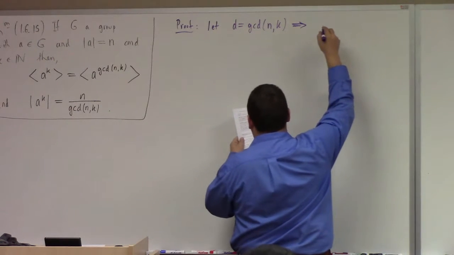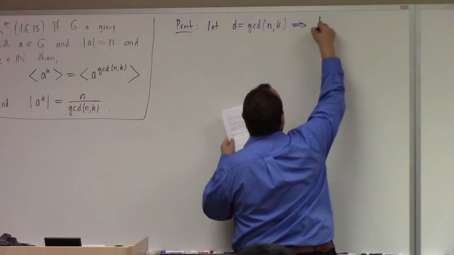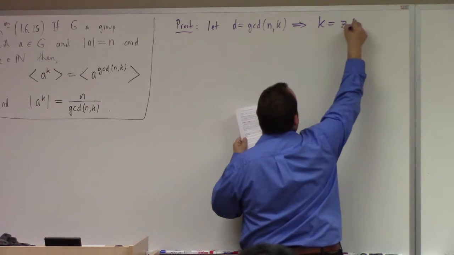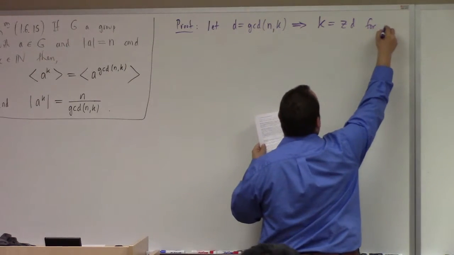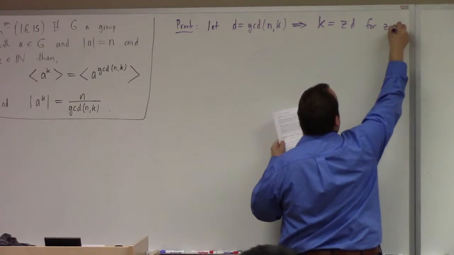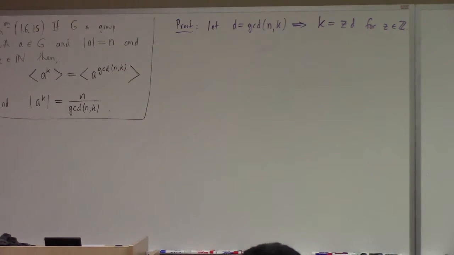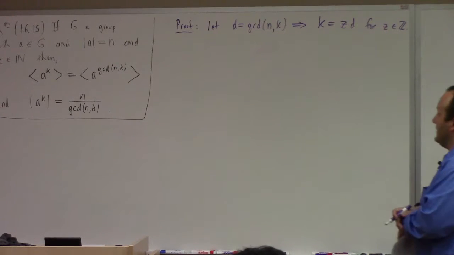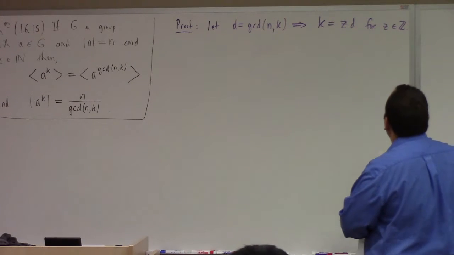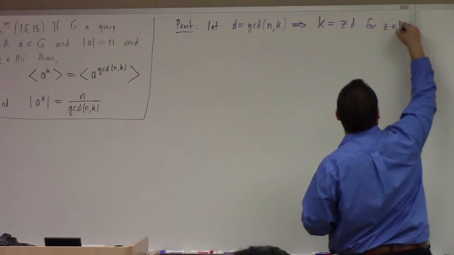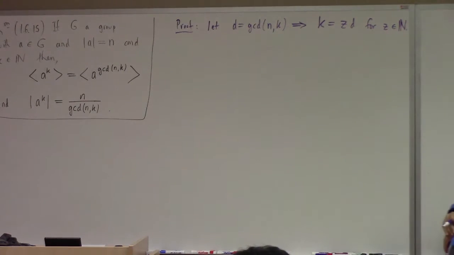Among other things, that means that k is equal to zd for some z in the integers. I guess you can safely say z is a natural number, if we're assuming k is positive and d is the greatest common divisor, without fussing here.